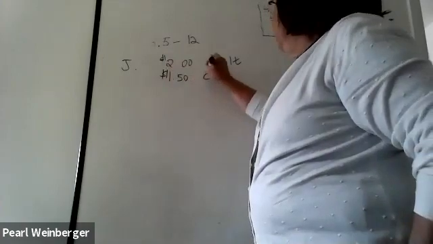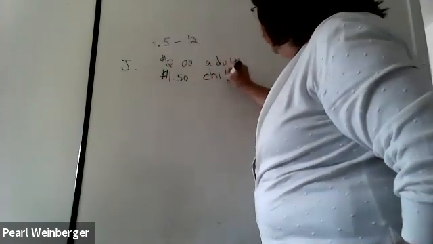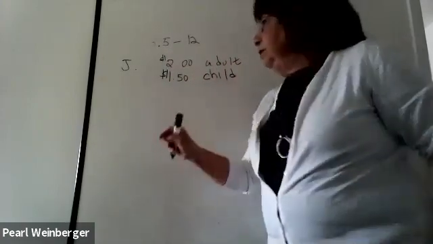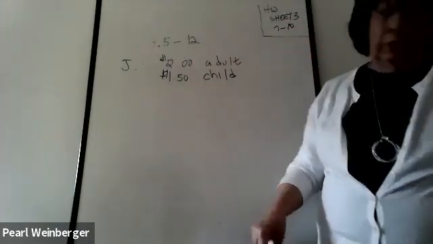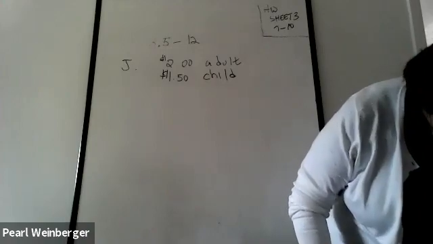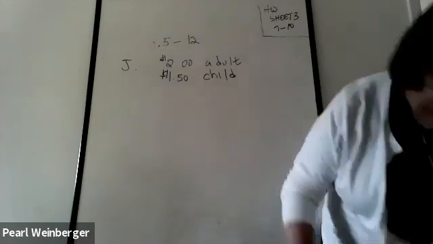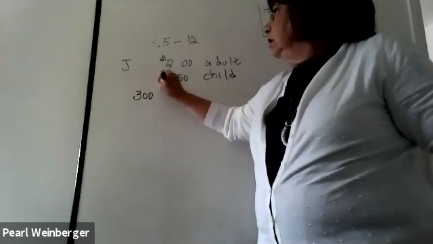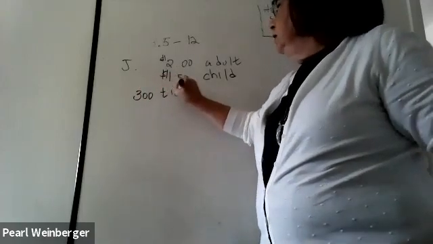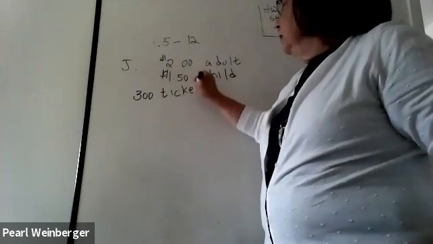So again, we have two types of tickets, children's and adults, and they have different prices. The adult tickets are $2. The children's tickets are $1.50. And here's what he did. He sold a total of 300 tickets to this Ferris wheel.